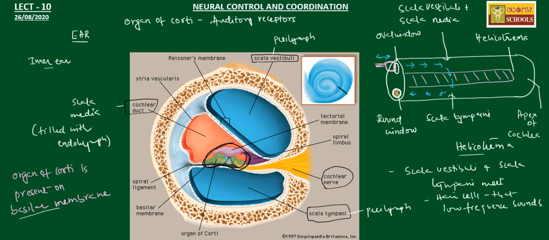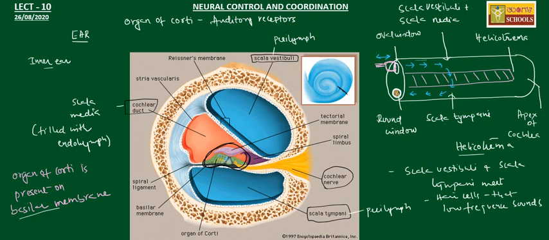Now, the low frequencies: I told you that where the scala vestibuli and tympani meet, the helicotrema region will have hair cells that detect low frequency sounds. So the low frequency sounds may go up to this point. So you can see, different parts of the cochlea will receive different frequencies.